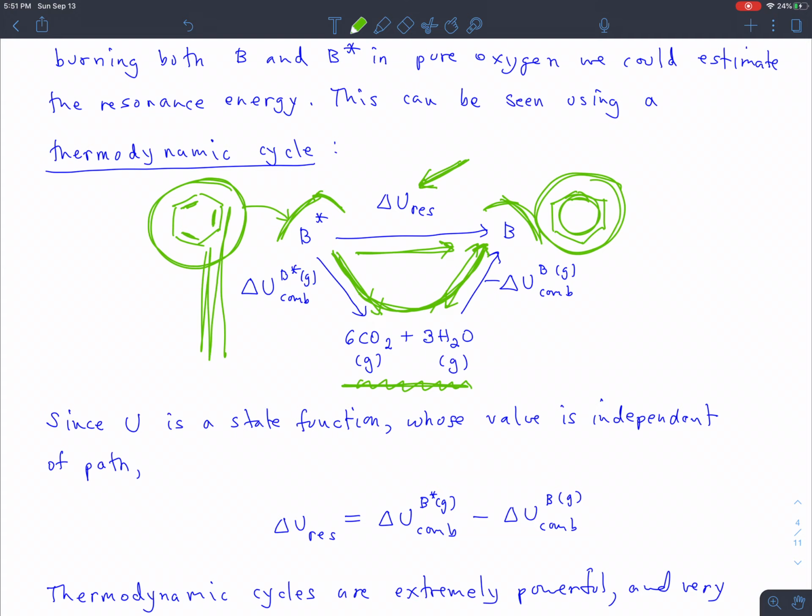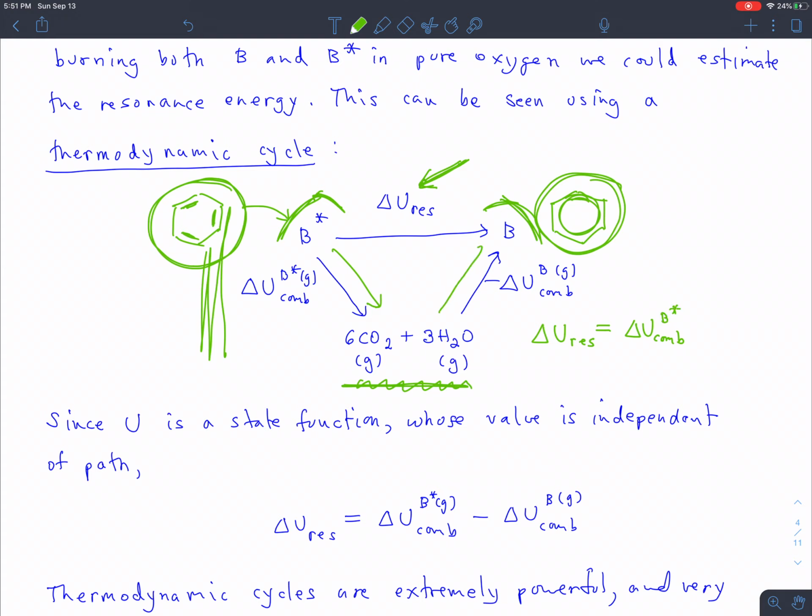And so that says that the energy change for resonance energy should be equal to the sum of the 2 steps on this alternate pathway. So this step would be delta U for the combustion of our B star.